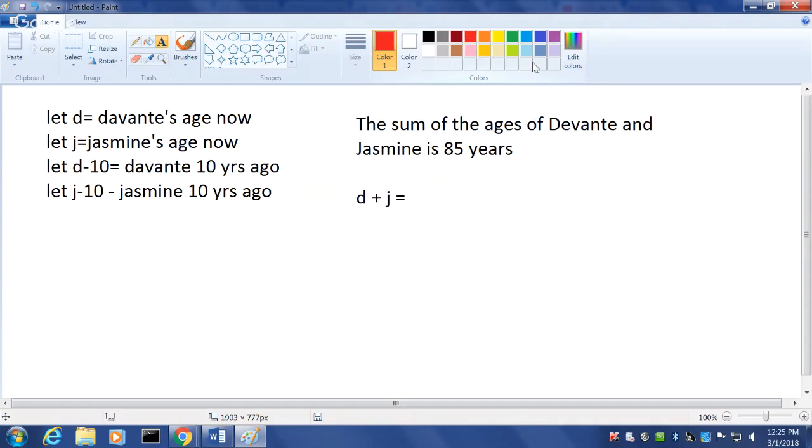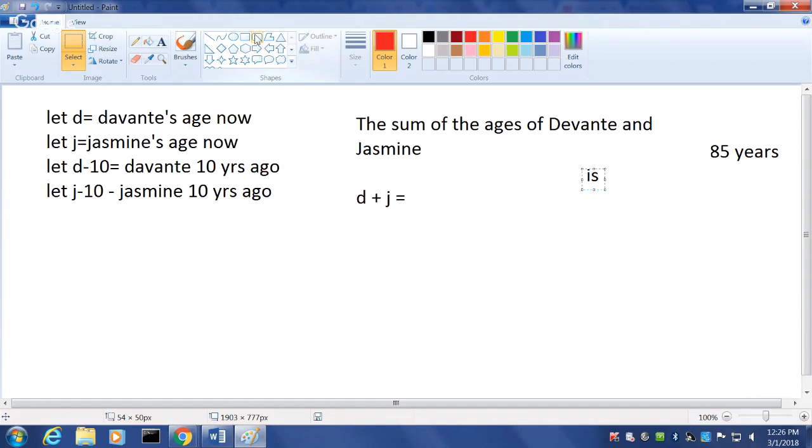Okay, let's look at what we're translating. First of all, I'm going to move something here so we can do some circles. I need a little more room there.